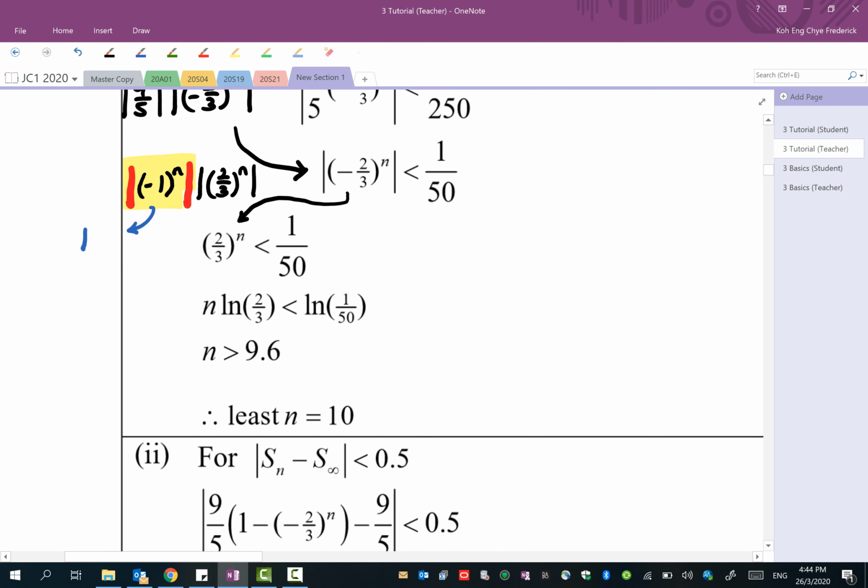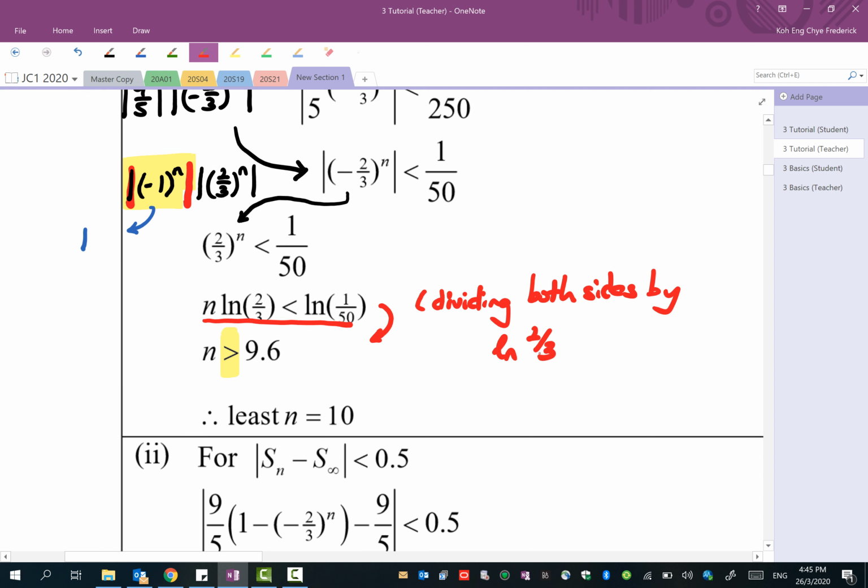Lastly, you want to pay particular attention to the change in inequality sign. What are you doing in this step? From here to here, you are dividing both sides by ln 2 over 3, and this is actually a negative number.